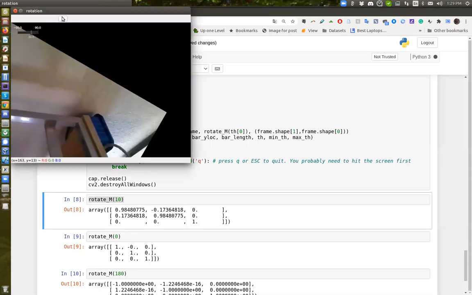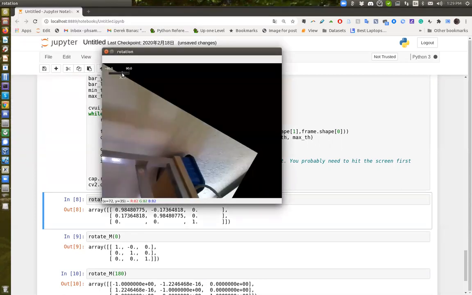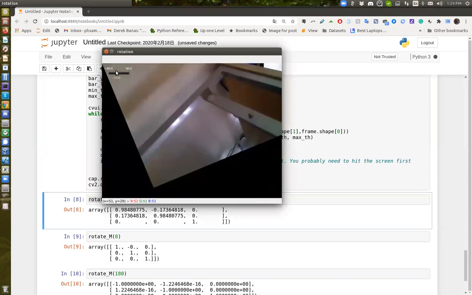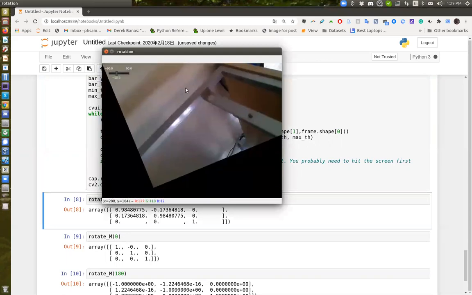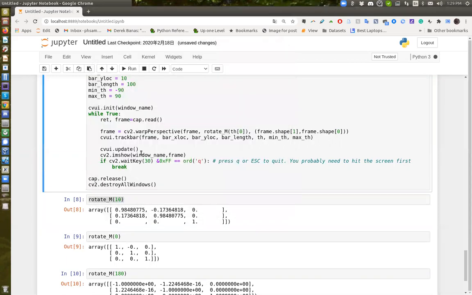So now I have this trackbar here, and I can adjust this value with the trackbar as well. Of course you can create more trackbars. For example, if I have another variable, you can add another trackbar. There's other simple UI available.